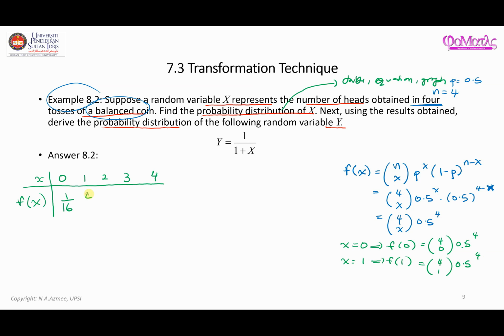When x is equal to 2, you just substitute the value of 2 into this equation, and the result is 6 over 16. You repeat this process for the next ones, and you will get 4 over 16 and 1 over 16.